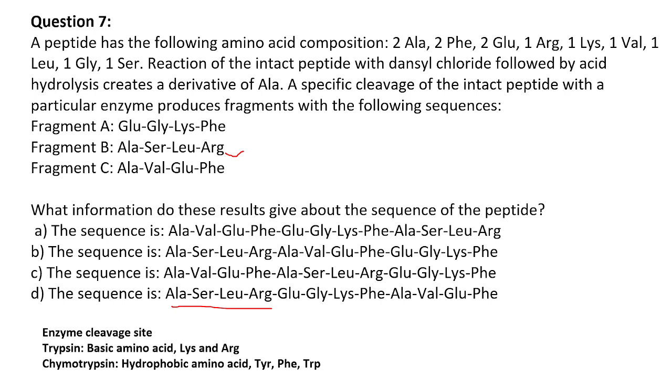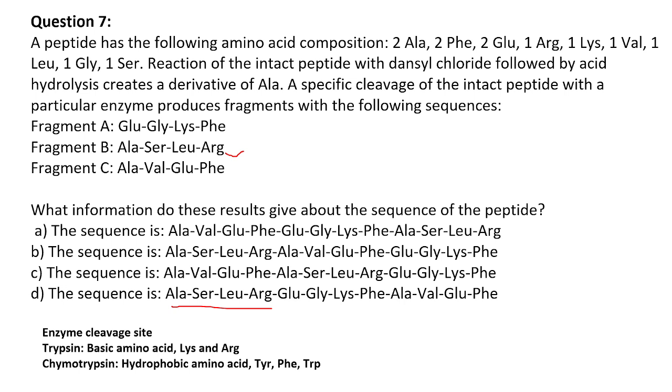Let's put fragment B first, then fragment C: alanine, serine, leucine, arginine, and then we put fragment A or C. If we put A, then the further fragment will be this one.